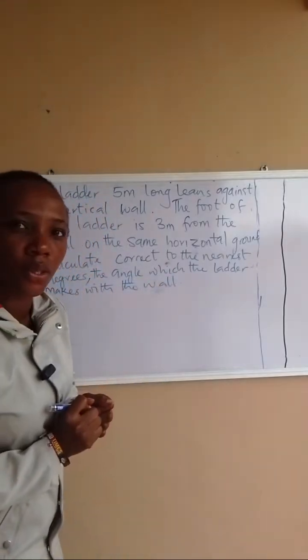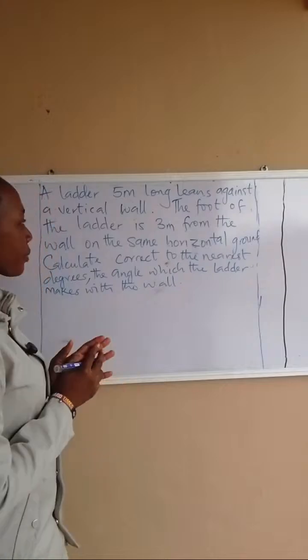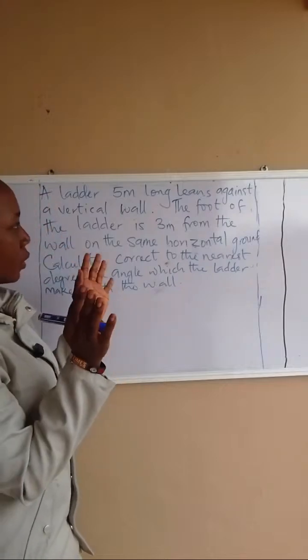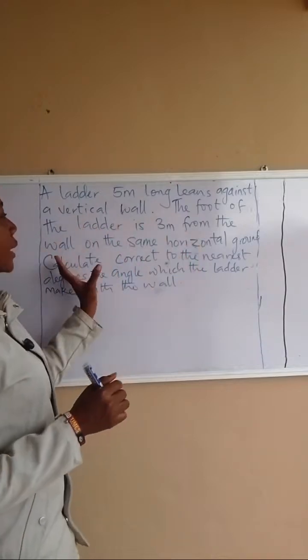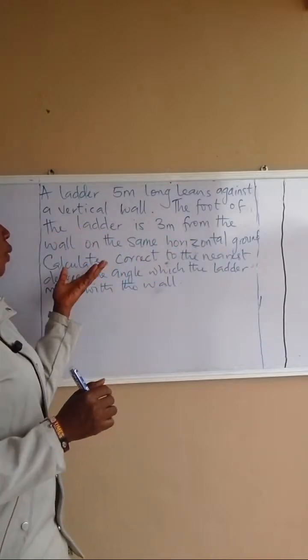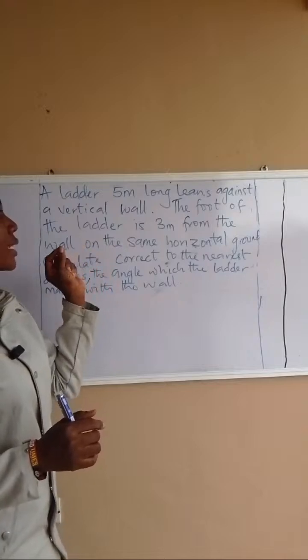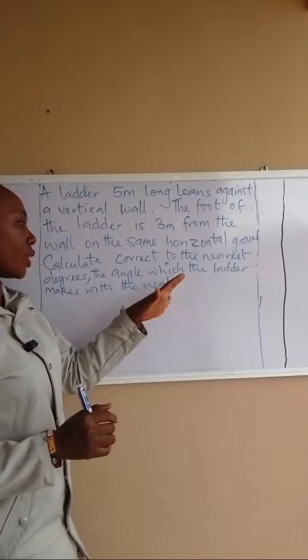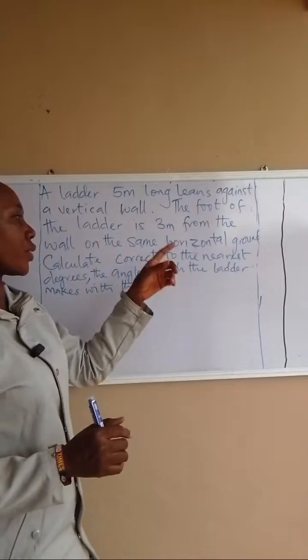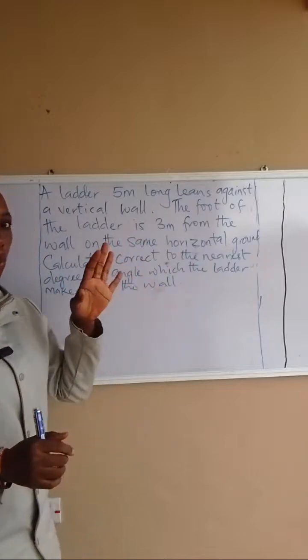So this is the question we are to solve. A ladder 5 meters long leans against a vertical wall. The foot of the ladder is 3 meters from the wall on the same horizontal ground. Calculate, correct to the nearest degrees, the angle which the ladder makes with the wall.